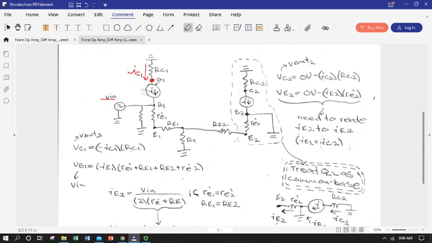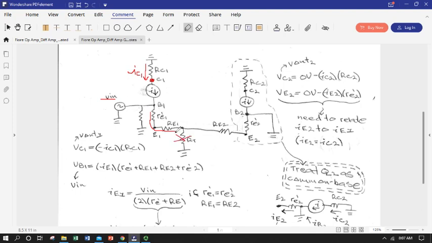Remember that a current source has huge impedance, so nothing's going to flow back up through it. And so our emitter current's going to flow down out of the transistor. It's going to flow over RE1 and drop some voltage to this point E1. It's going to drop more voltage over our emitter bias resistor, the one that's external to the BJT.